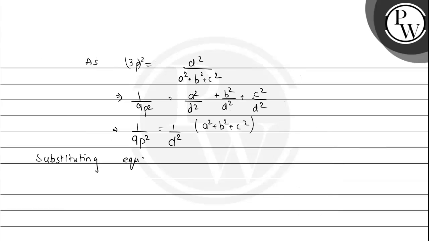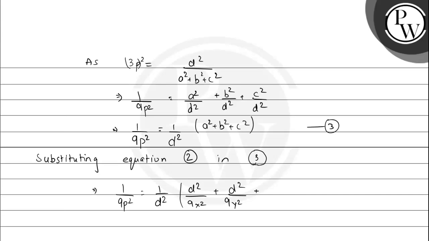Substituting equation 2 in equation 1, we have 1 upon 9p square is equal to 1 upon d square times a square plus b square plus c square, which becomes d square upon 9x square plus d square upon 9y square plus d square upon 9z square.